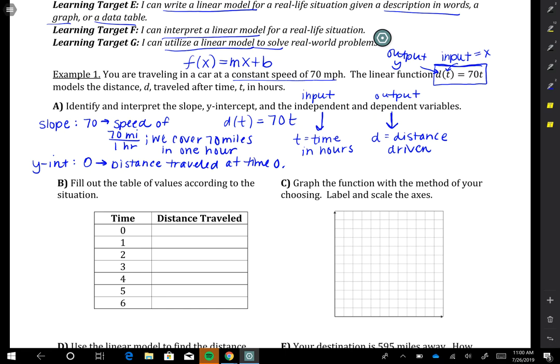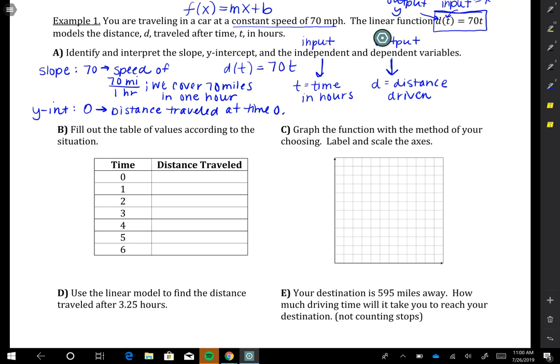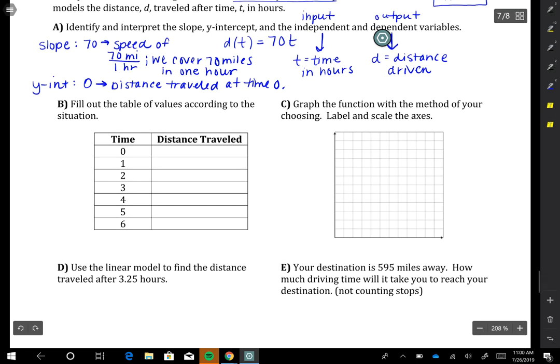Letter B says, fill out the table of values according to the situation. So at time 0, remember, time is our input. This is what determines the distance traveled. We've obviously gone 0 miles. After 1 hour, we've gone 70 miles because we're going 70 miles per hour. After another hour, we'll add another 70. That's 140. And I'll keep going down the table. Then we'll have 210.